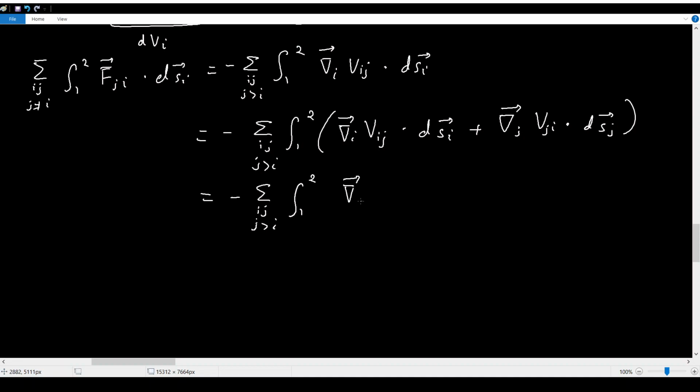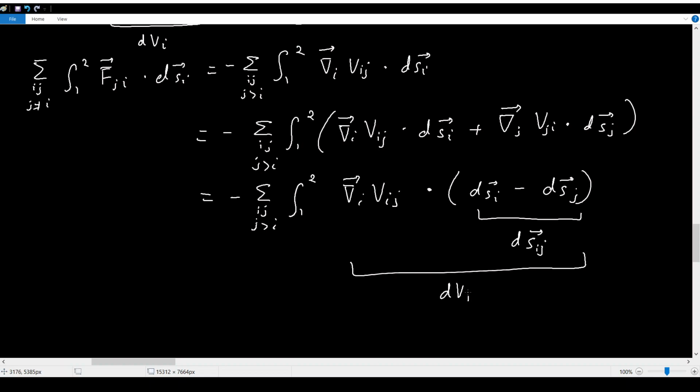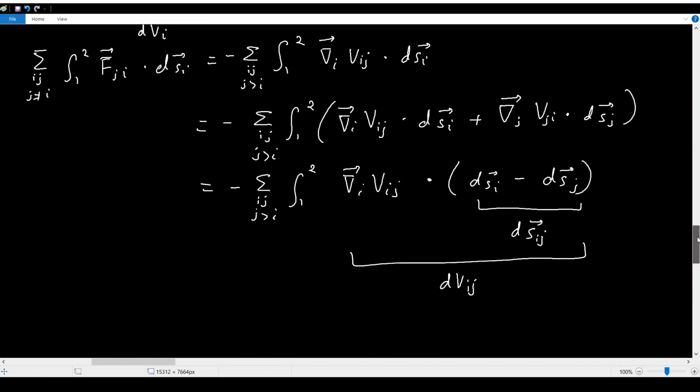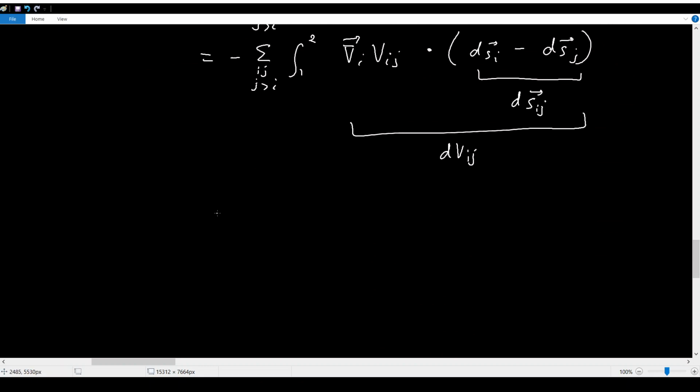So you can take the del i Vij outside, and you have dot product dsi. Since we change this del j to del i, we get minus dsj. So we get a negative sign over here because of this. Now let us just write this as dsij or drij, whatever you want to write, and this entire quantity will become dVij. So everything is similar to what we have done before.